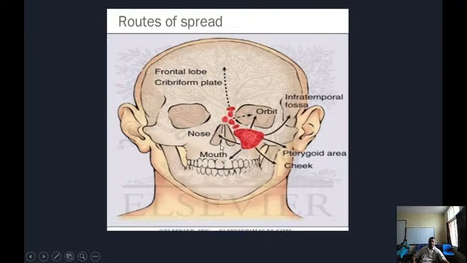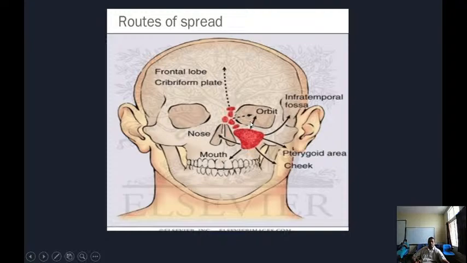So these are the various ways in which the maxillary carcinoma spreads, as we have seen, into the oral cavity, into the nasal cavity, anteriorly into the cheek and the pterygoid areas. Depending on the infiltration or the mode of spread of the growth, various symptoms are produced.